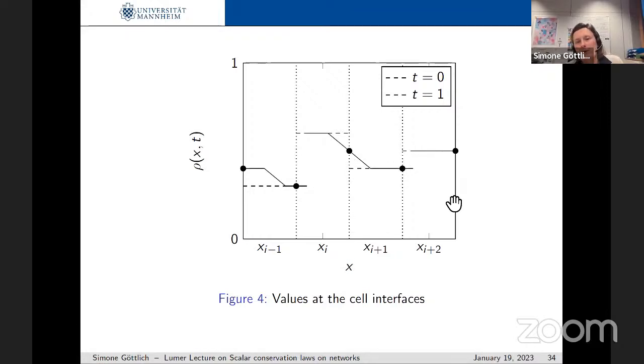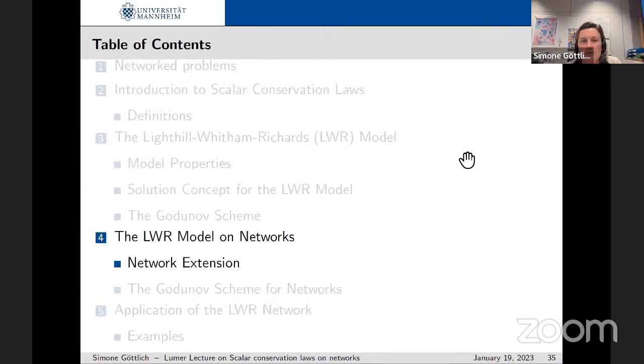Once we have evaluated these Riemann problems, we can compute the next time step given by this solid line, so this would be the solid line for t equals 1. And again, we are then able to compute new Riemann problems and repeat this procedure until we reach our final time horizon. So now we have everything that is necessary to think about networks.